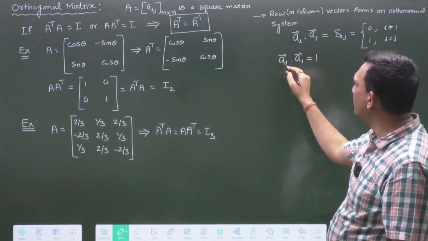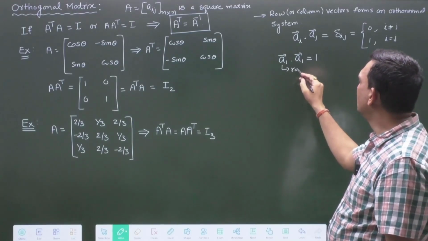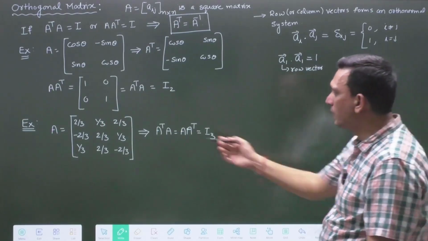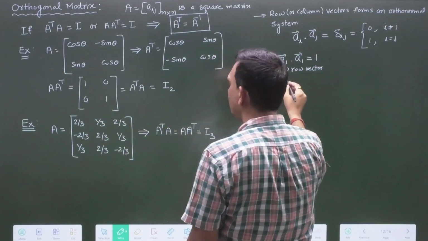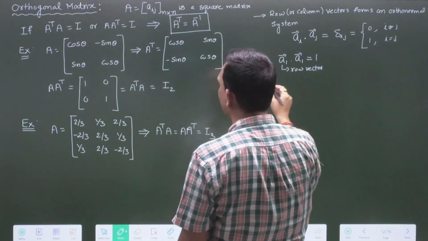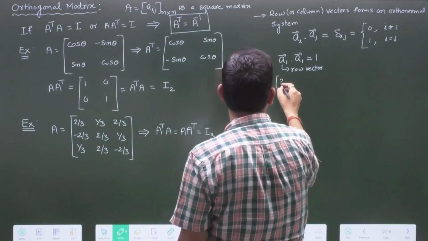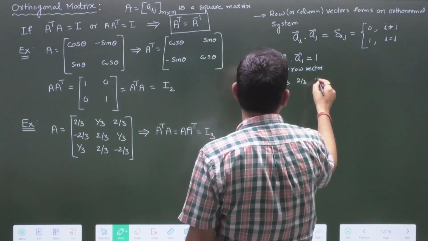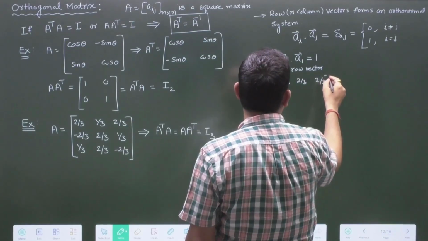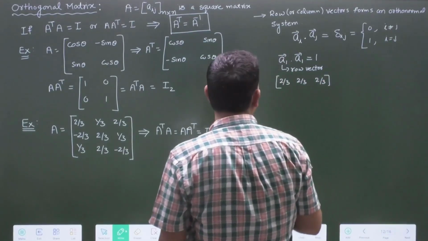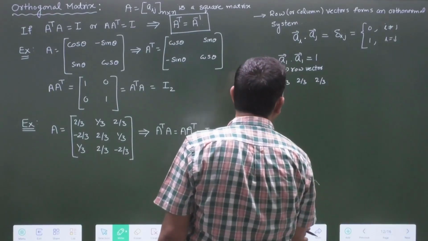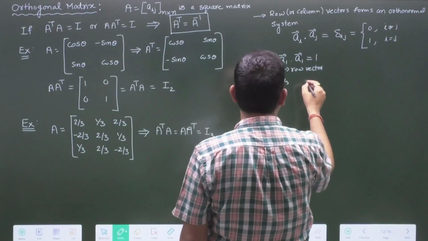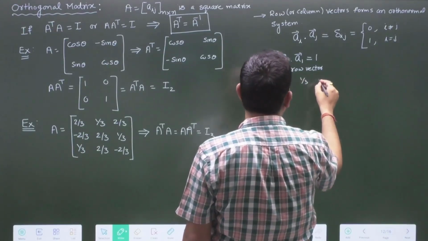So A1, I am taking it as a row vector, the first row, so this will be 2 by 3, 1 by 3, and 2 by 3.